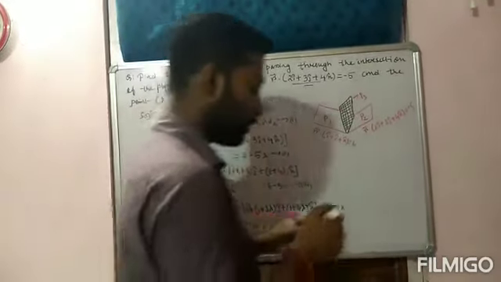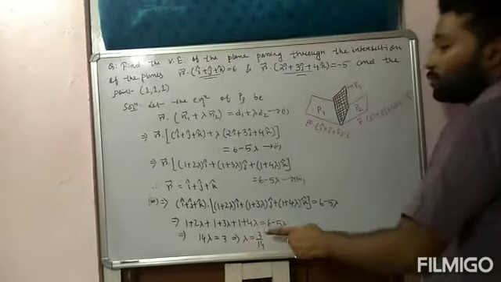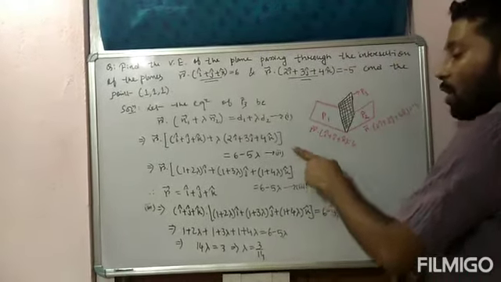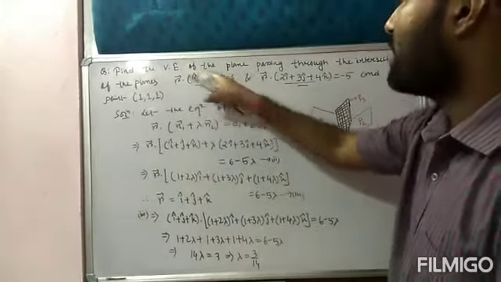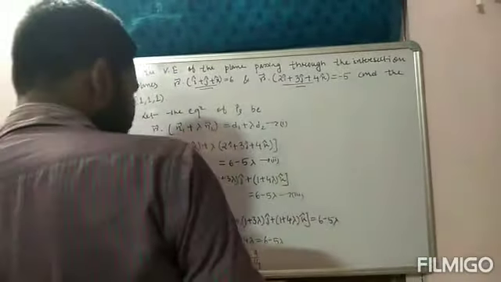Now we know the value of lambda, but सिर्फ lambda का value से काम नहीं चलेगा. Now you have to put the value of lambda either in the second equation or in the third equation to find the vector equation of the plane. Let us put in the second equation now.